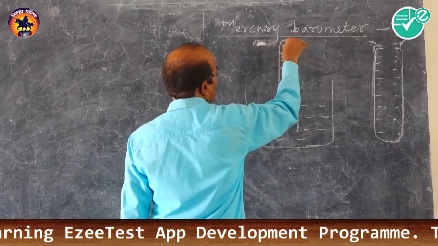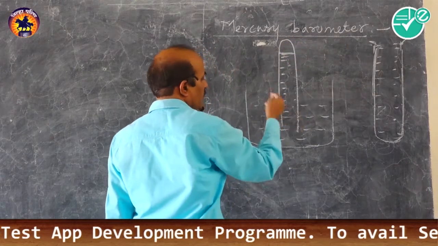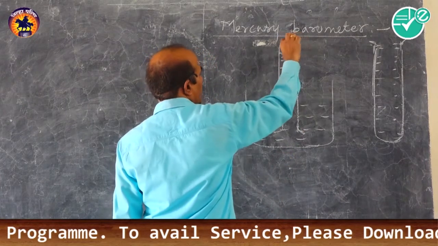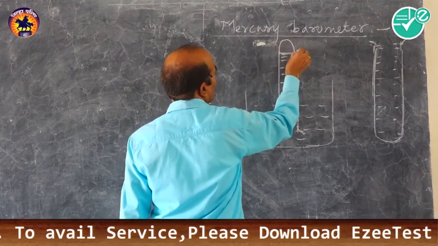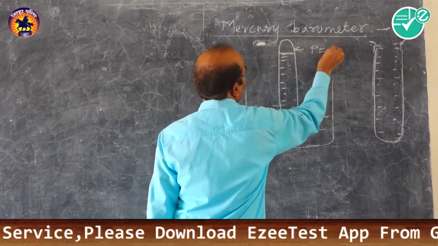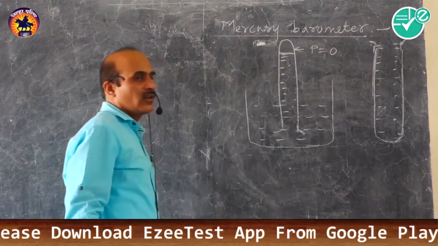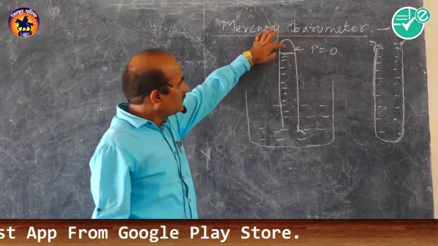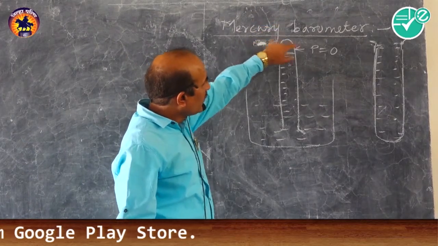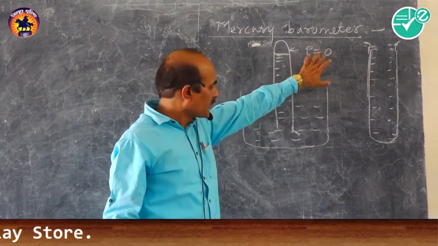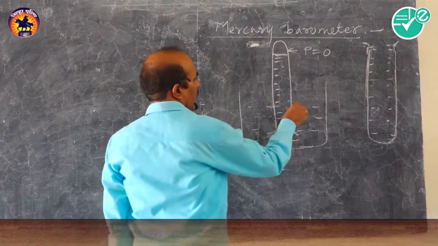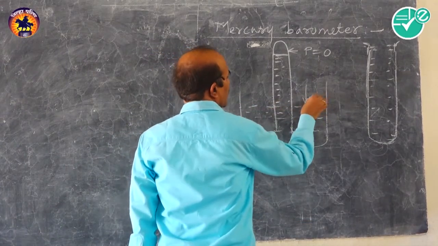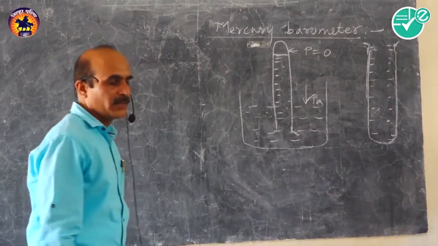Some of the mercury comes into the vessel, and in the portion we can see here, the pressure is equal to 0 because there is a vacuum, or we say that mercury vapors are there. So the pressure is 0 here, and the pressure exerted on the vessel's mercury is equal to atmospheric pressure.